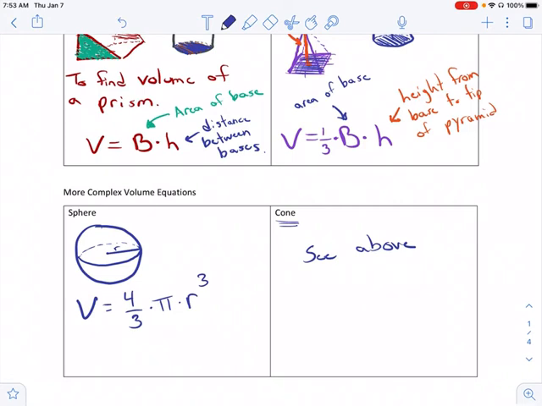The derivation of that lies in calculus, so we're just going to be applying it here. We should expect that if I told you the volume of a sphere, you could come up with the radius, and if I told you the radius, you should be able to come up with the volume. Even some tricky questions here are, if I told you the volume of a sphere, we should be able to get all the way back to surface area. Those are some pretty good questions.